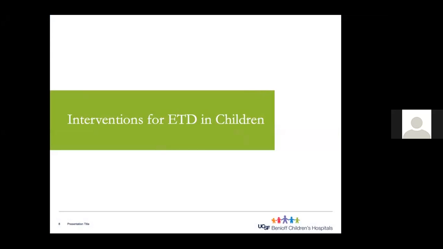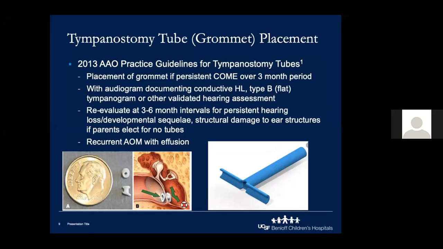So in terms of our interventions for this problem, of course, tympanostomy tube or grommet placement, as I mentioned, is quite common. In 2013, our American Academy put out practice guidelines. For chronic otitis media with effusion, the standard to place tubes is persistent otitis media with effusion over a 3-month period, so 2 documented exams showing effusion, or an audiogram if that's feasible, with conductive hearing loss showing a type B tympanogram.